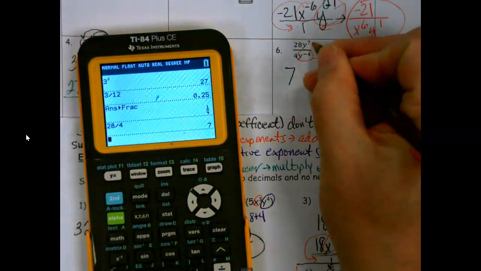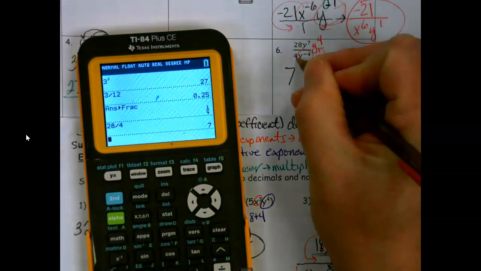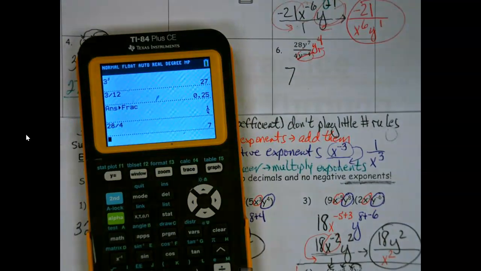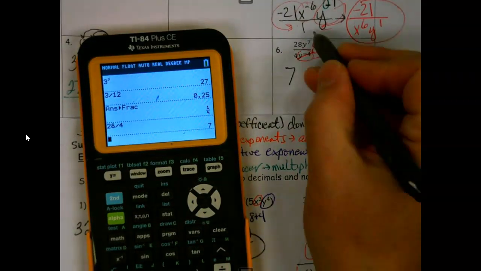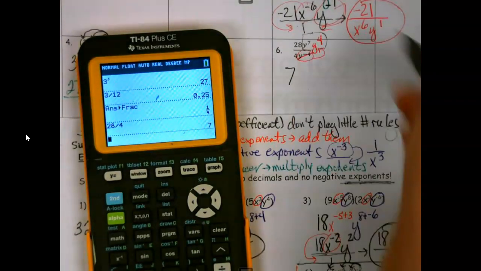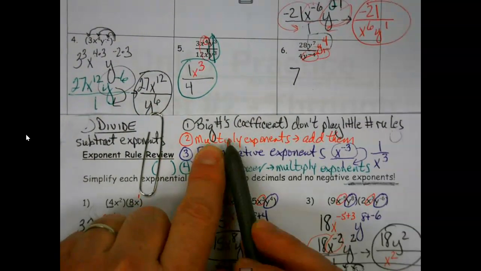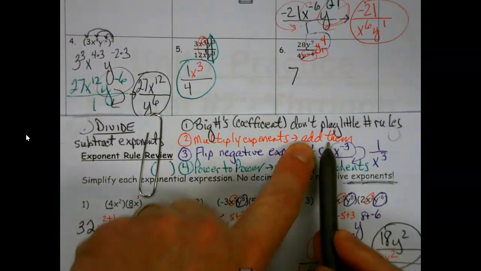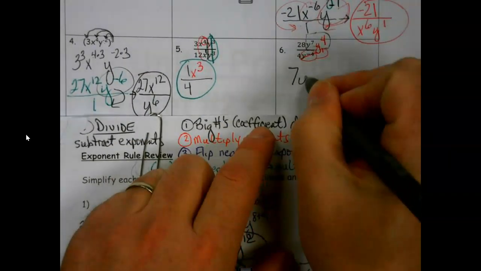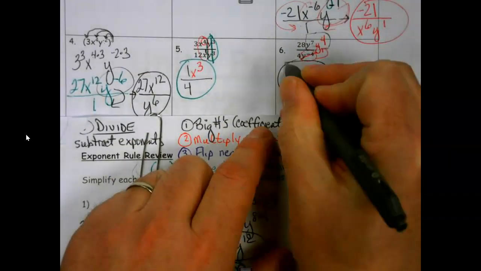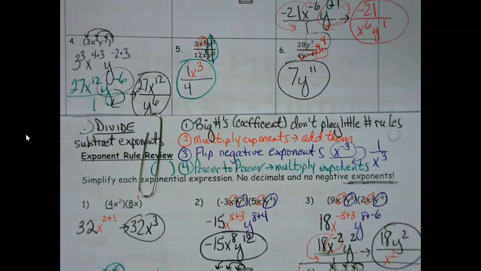I want to flip it up here and make it positive and just deal with it that way. Because now by flipping it up top, I'm multiplying these together. So we're going to add the exponents. No negative exponents. I'm done.